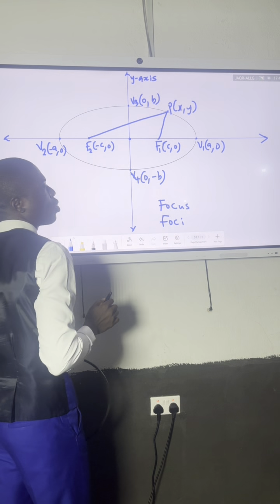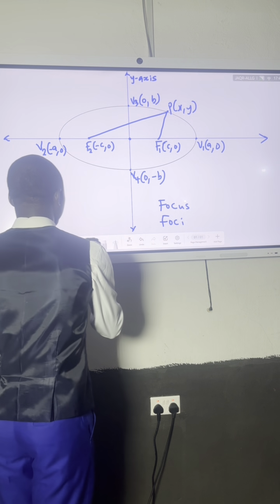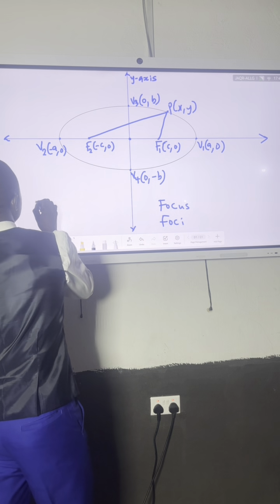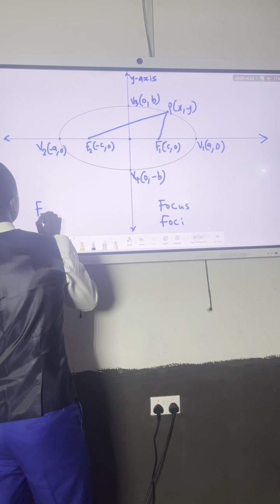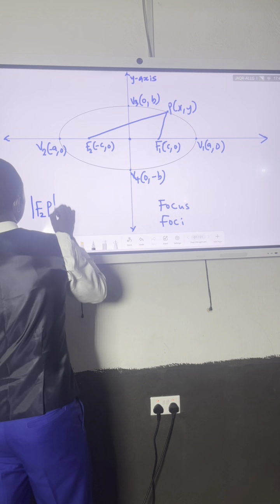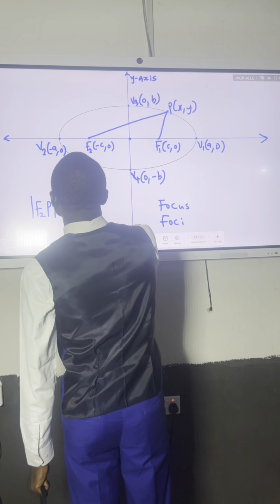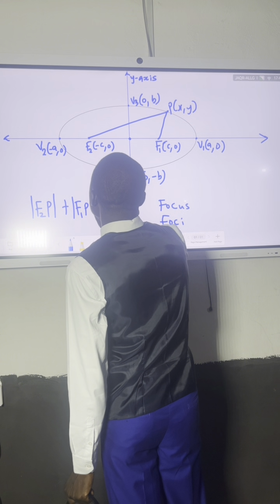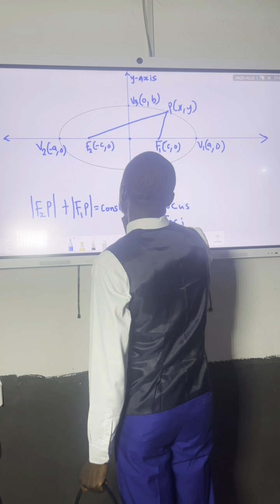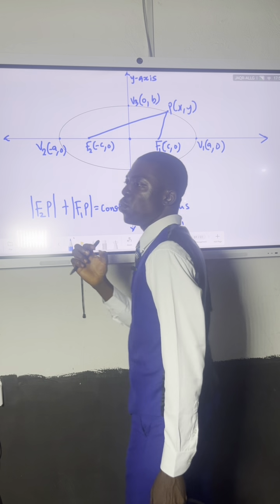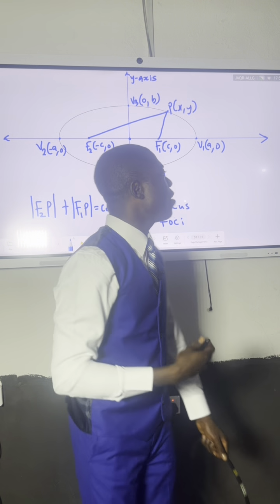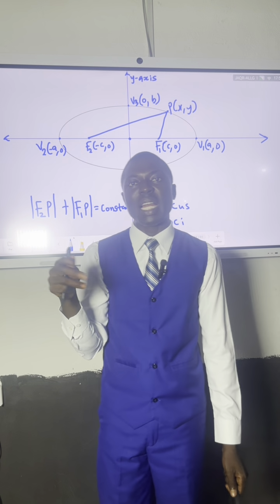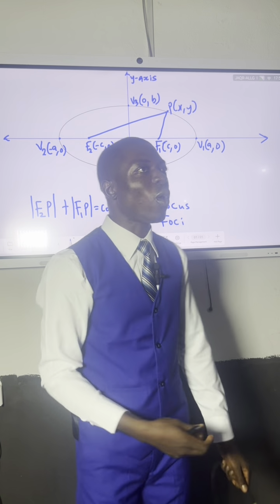As far as the ellipse is concerned as a conic section, the distance from F2 to P plus the distance from F1 to P is going to give you a constant value. The distances F1 to P and F2 to P are not the same, but the sum of their distances is equal to a constant. This is what we call an ellipse.